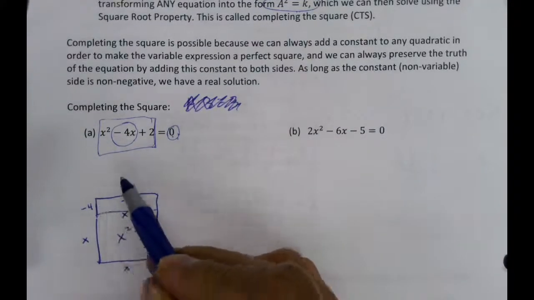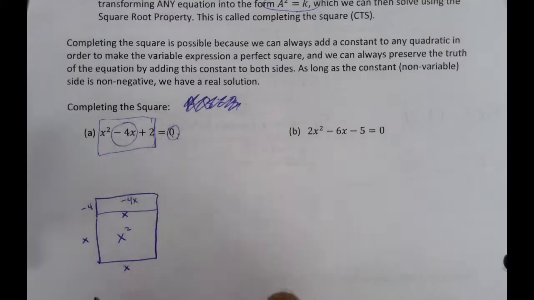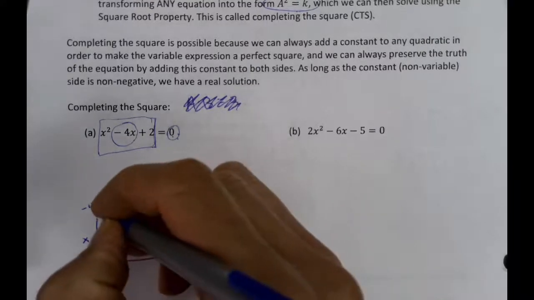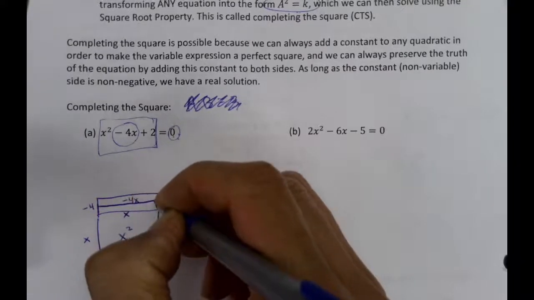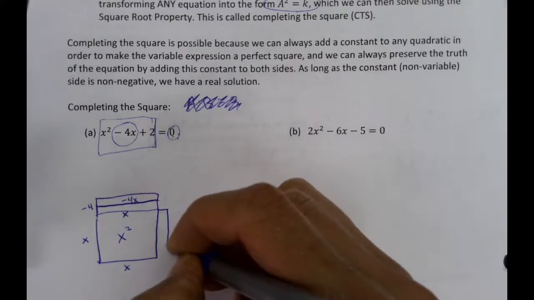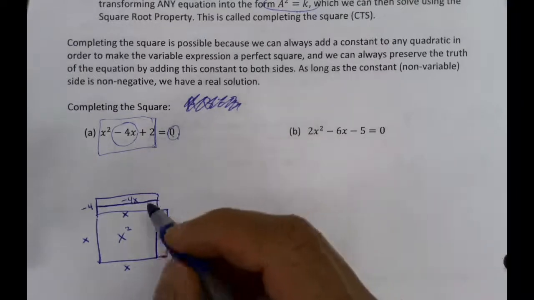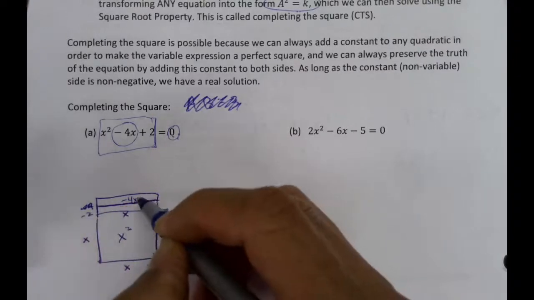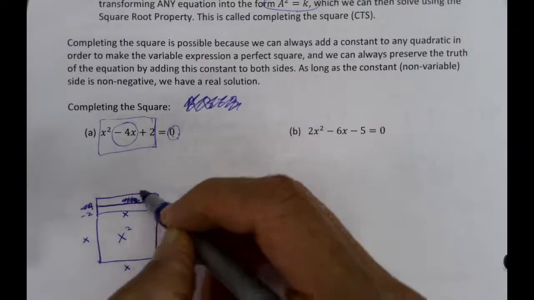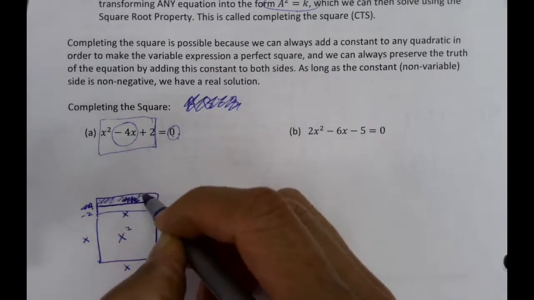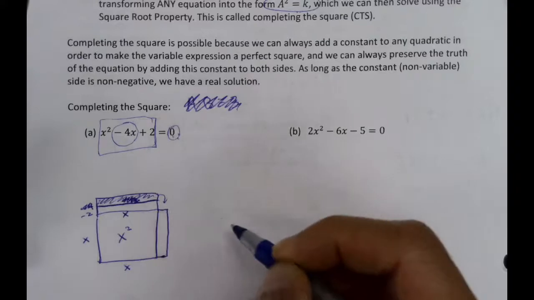I don't want to change the negative 4x, but I can add numbers. So what I'm going to do is cut this in half and move it over to this side. Now this is x by, not negative 4, but negative 2. I simply move this other piece, I'll scribble it out, because I'm going to move it over here.